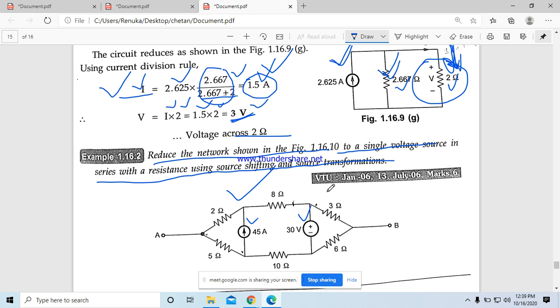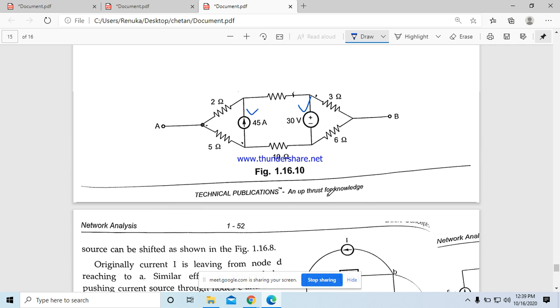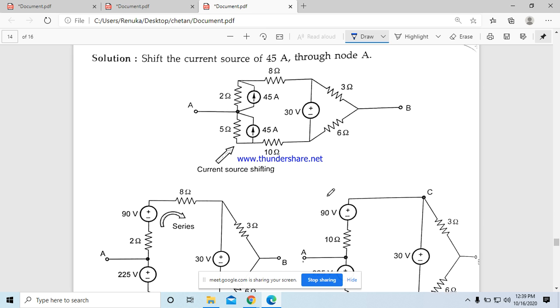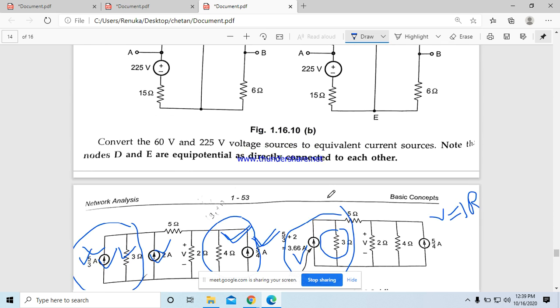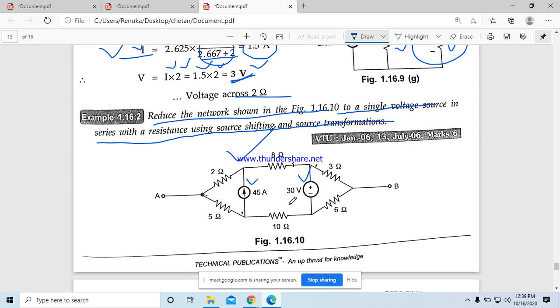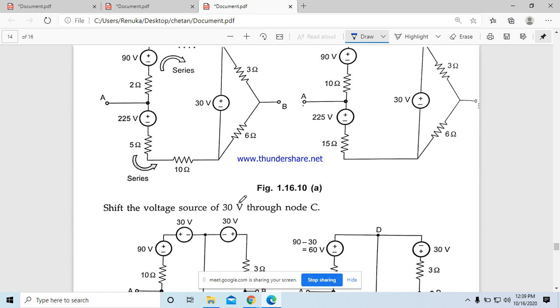In order to do this, what techniques can I use? First I will do source shifting. Here you can observe that you have a current source. This current source is common to this 2 ohm as well as 5 ohm. So you can shift this one and draw like this.